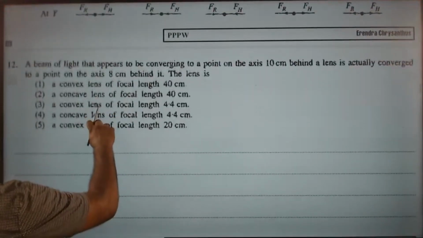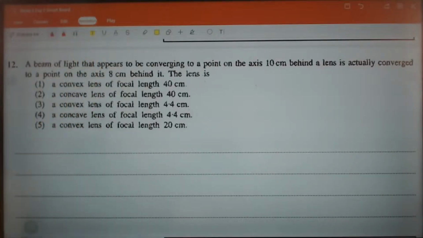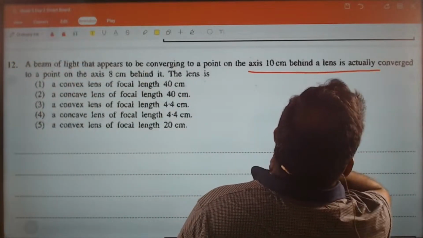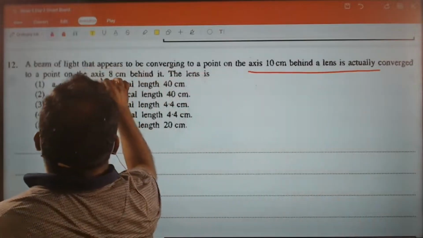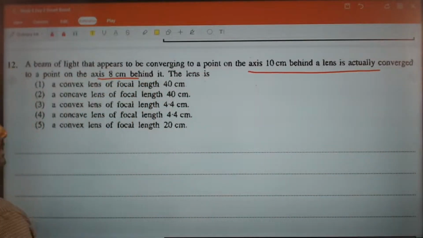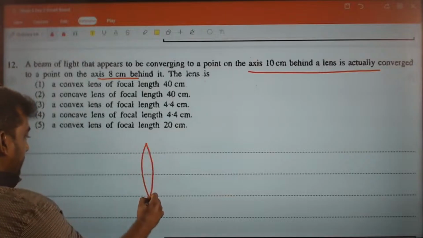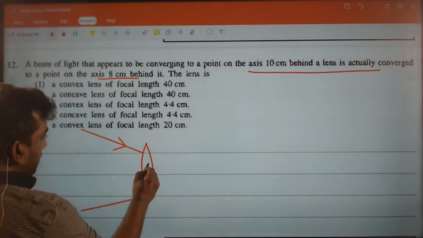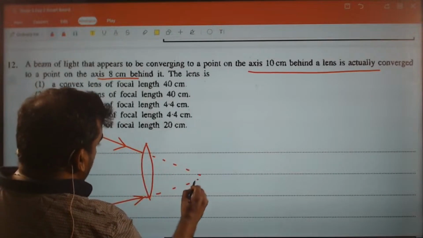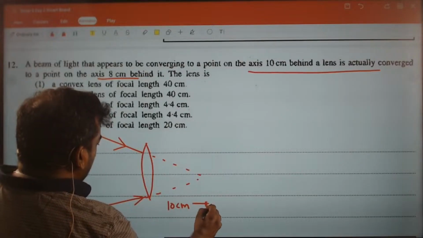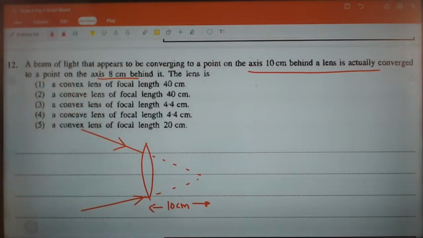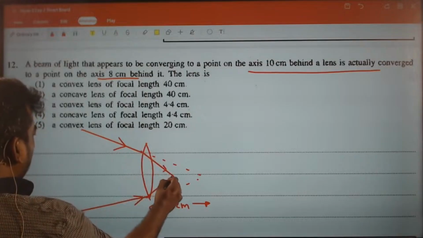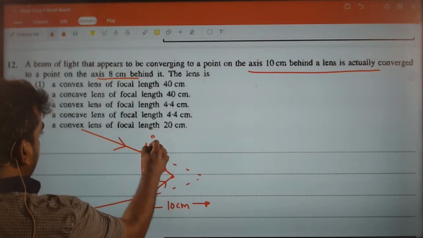Moving forward. A beam of light that appears to be converging at a point 10 centimeters behind the lens is actually converged to a point 8 centimeters behind it. What is the lens? Actual converging means a convex lens. What's happening is this convergent light seems to converge 10 centimeters behind the lens, but it actually converges 8 centimeters there.